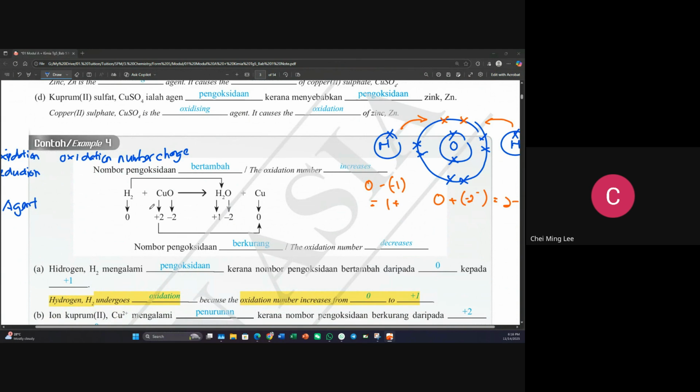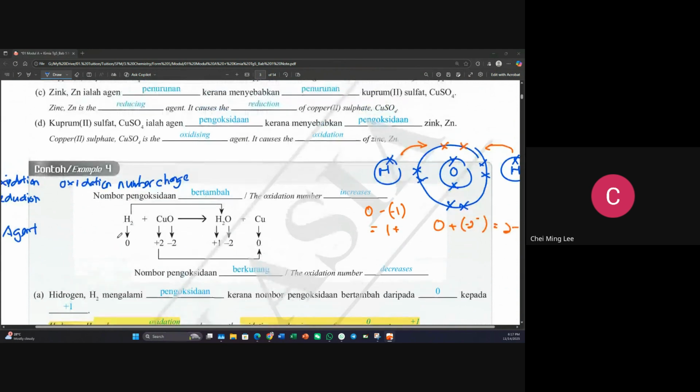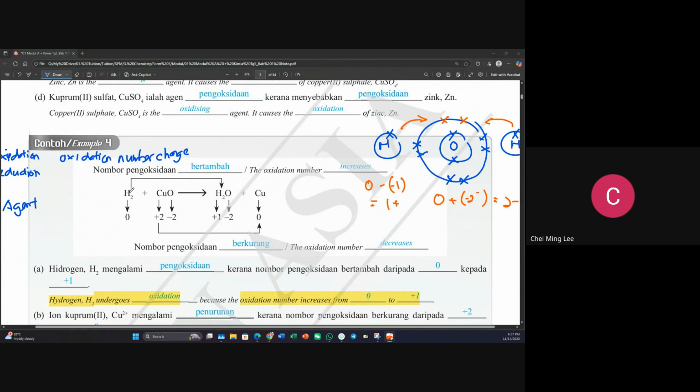Okay, now let's come back. So you see, this is another way the questions will come out. Just now, it was only the oxidation number or only the process, correct? Now this one shows both together, the oxidation number with the process. When hydrogen gas reacts with copper oxide, it becomes water and copper element.